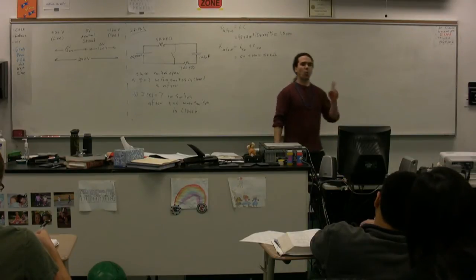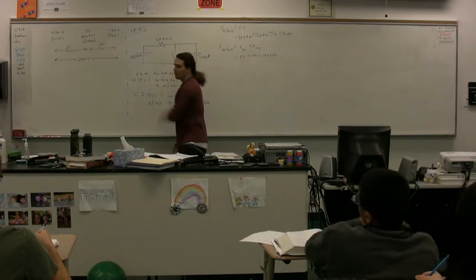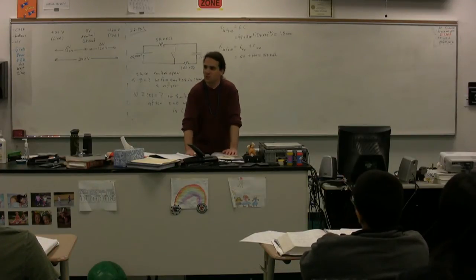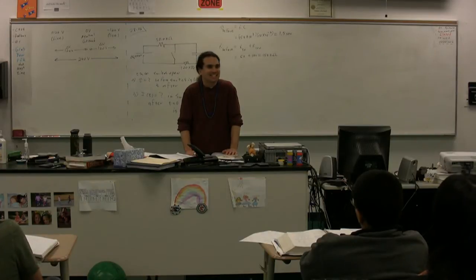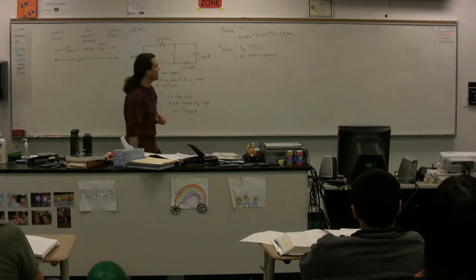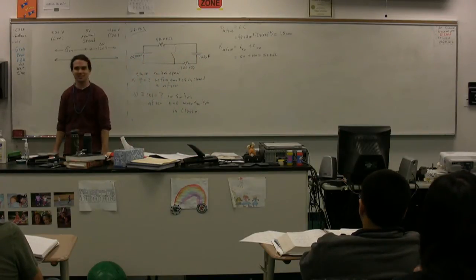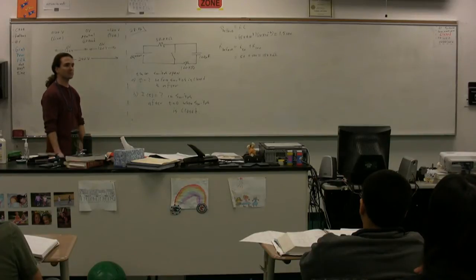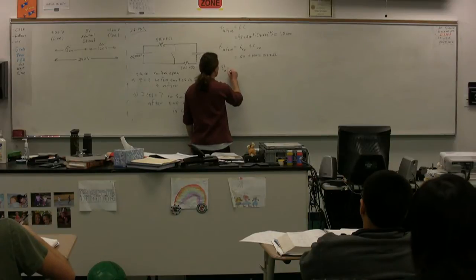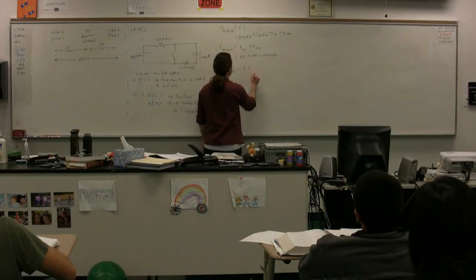In other words, when we have this circuit set up at the very beginning, it takes 1.5 seconds for the charge on the capacitor to get to 63.2% of its maximum charge. Good. The time constant after is also going to be equal to RC.